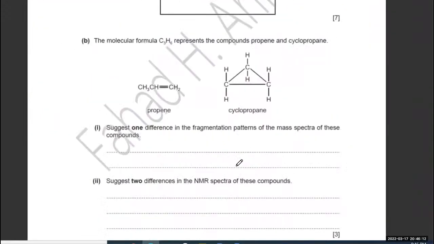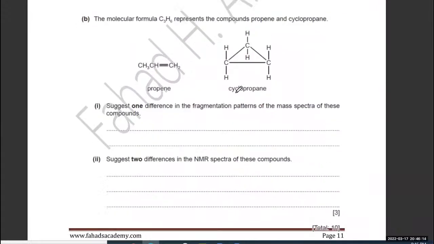Now this one. Suggest one difference in the fragmentation pattern in the mass spectra of these compounds. So remember, when you do mass spectrum, fragmentation pattern gives you hints about what type of structure is present. So if you look at these 2 molecules, this one over here will give you a peak at 15, which would be a CH3+ fragment.